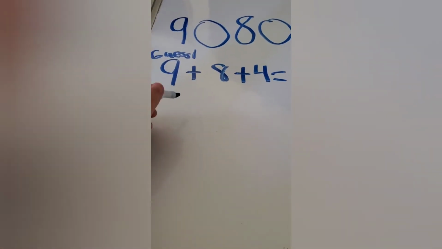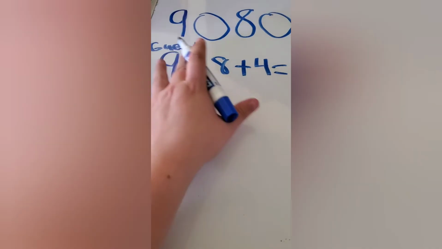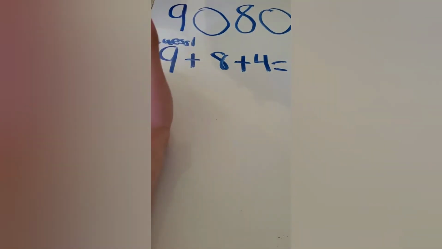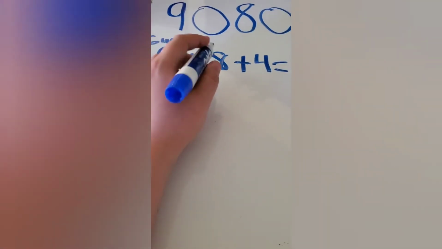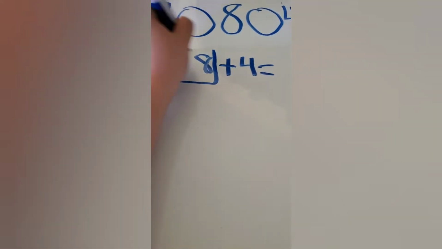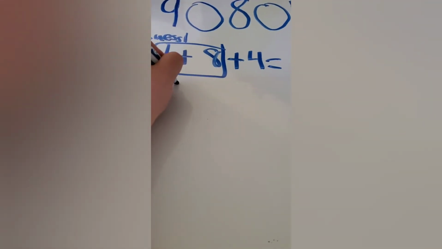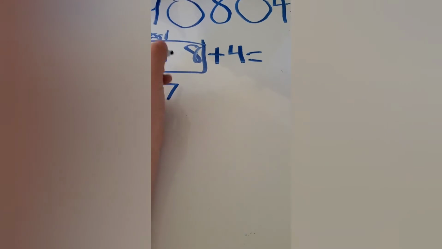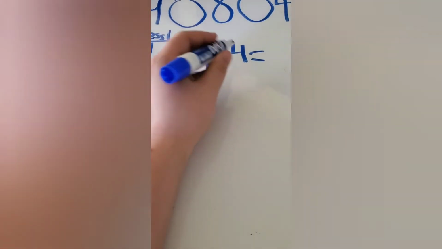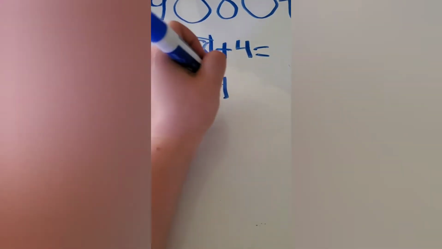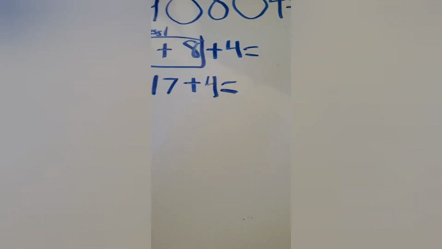So, when we do three numbers like this, we always start with the left. So, 9 plus 8 equals what? I know it's 17. And then I bring down the next part. 17 plus 4 equals what?